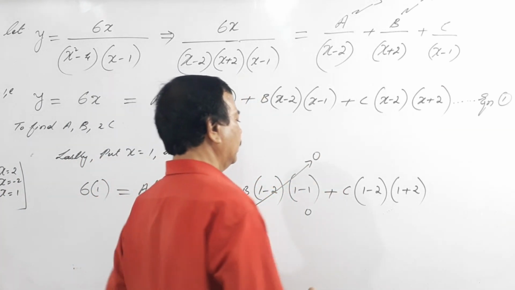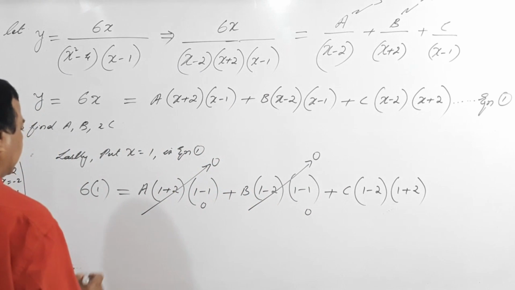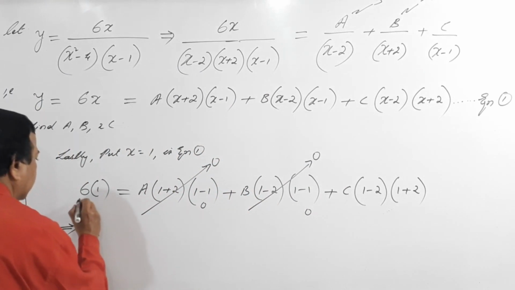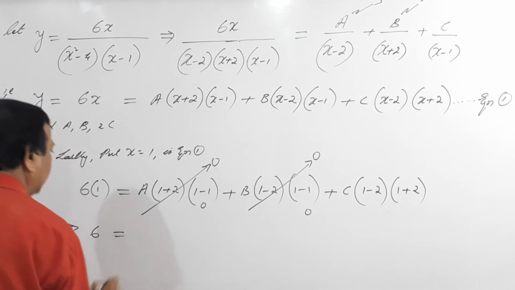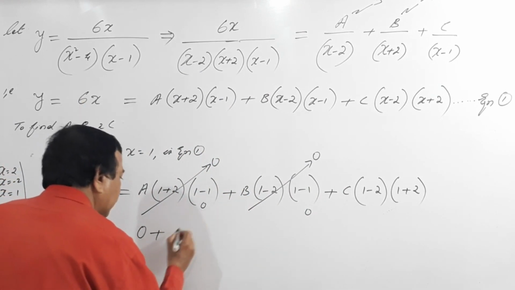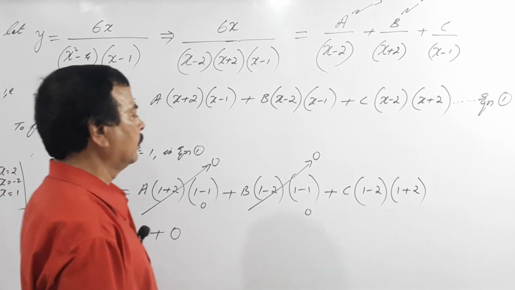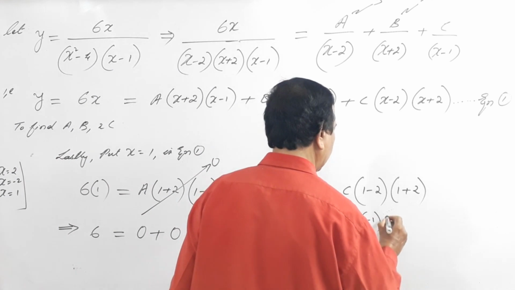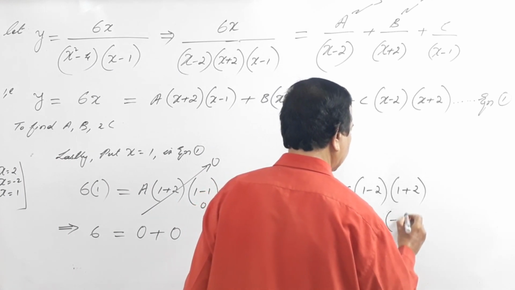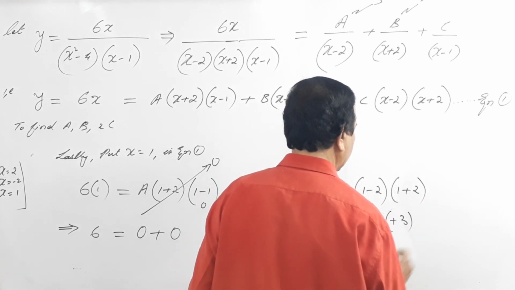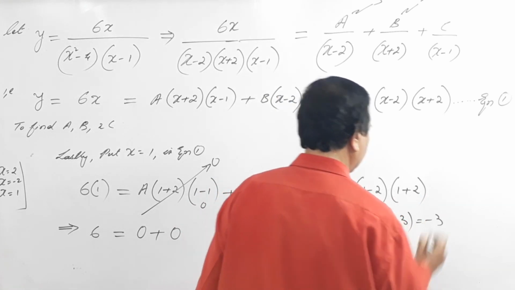So 6 into 1 is 6 equals 0 plus 0. Here c into minus 1 into minus, that is plus 1 plus 2 is 3, so this is equals minus 3.